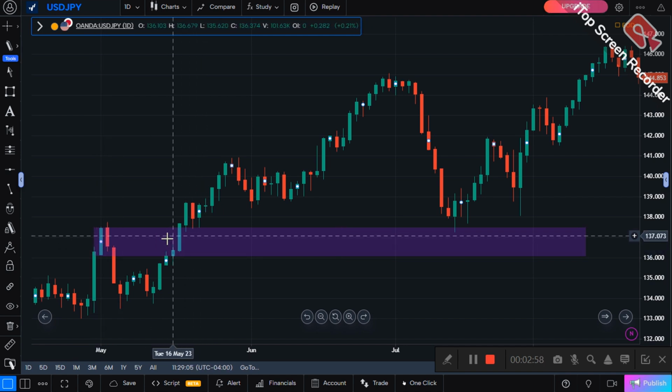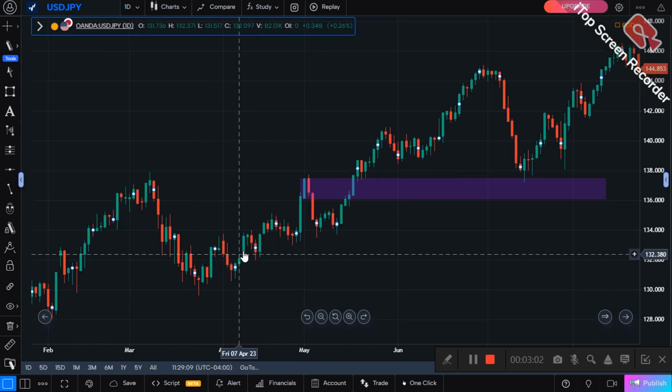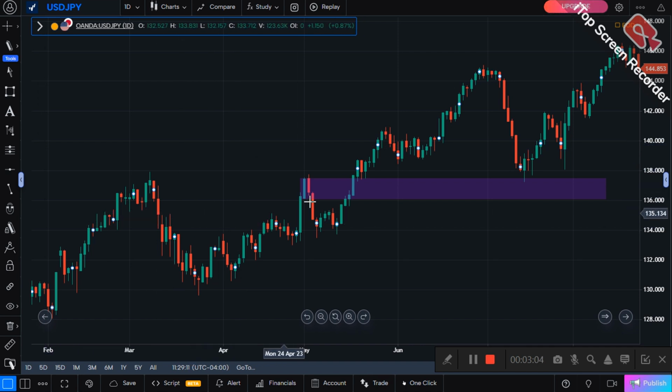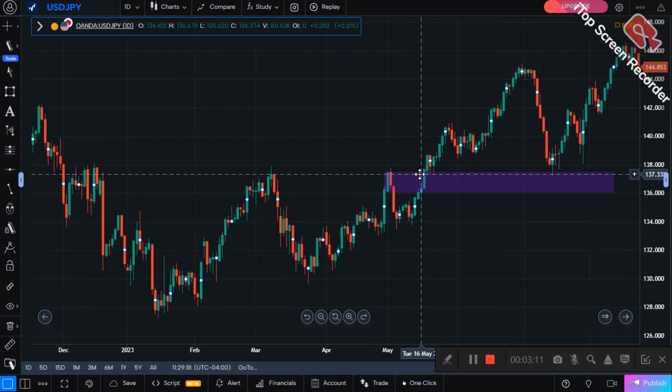Again, this is a fair value gap in that region, and folks, this is in a demand zone. It's not too much in the demand, but it's a little bit in the demand for that reason.